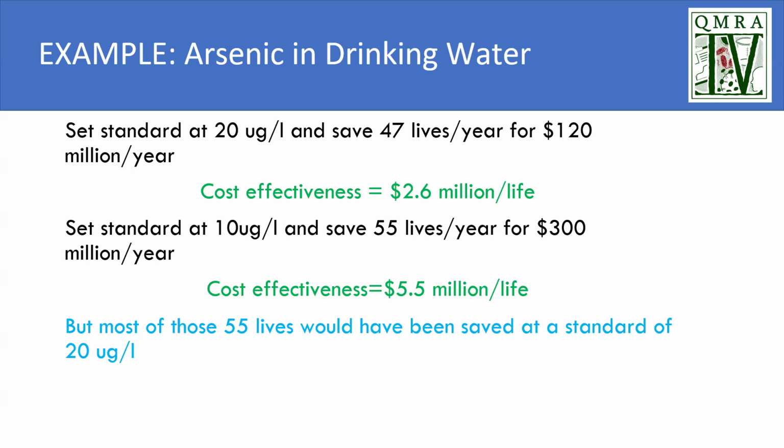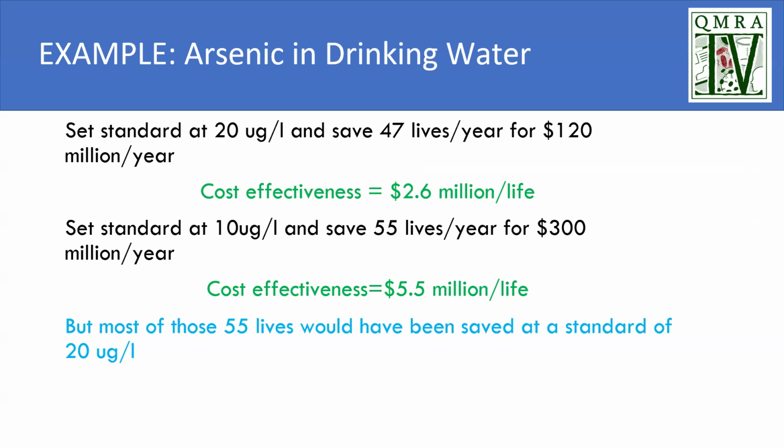So to calculate the cost effectiveness for this strategy, we would simply divide $120 million per year by 47 lives, and we come up with a cost effectiveness ratio of $2.6 million per life saved.